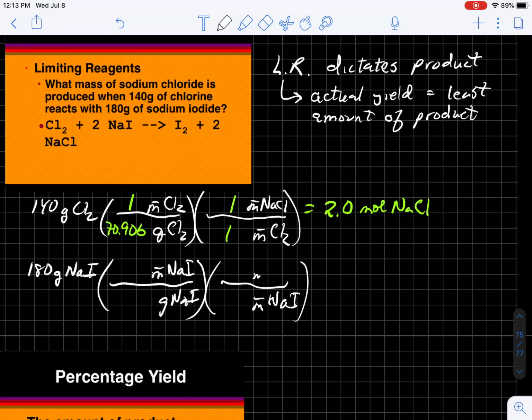Once we have that, we can go from moles of sodium iodide to moles of sodium chloride. I look up the mass of sodium, which is 22.990, and add it to iodine, which is 126.905. So that's going to be 149.895 total.